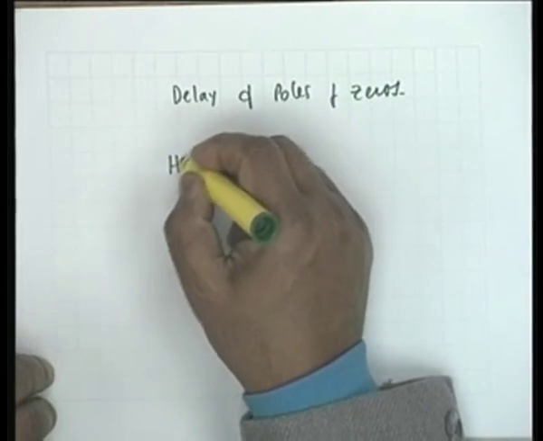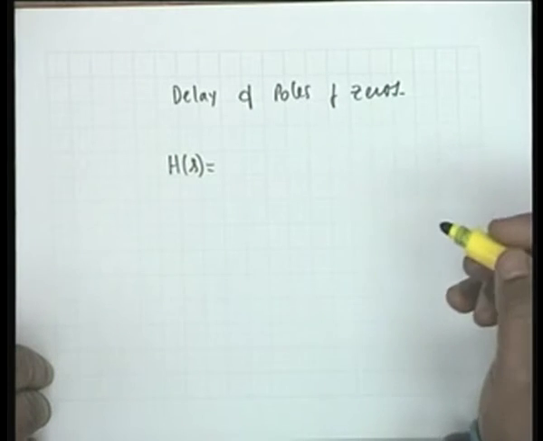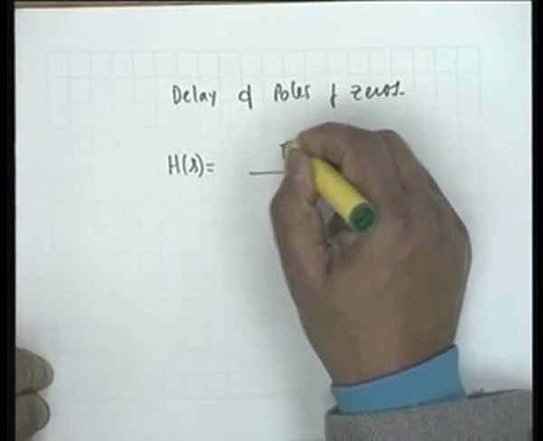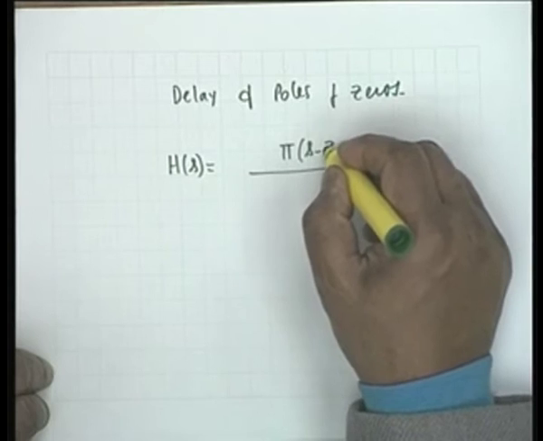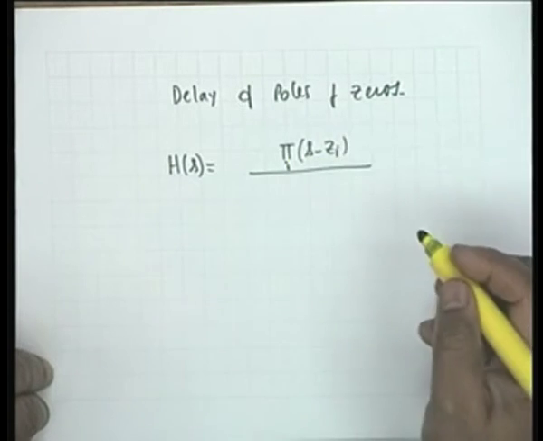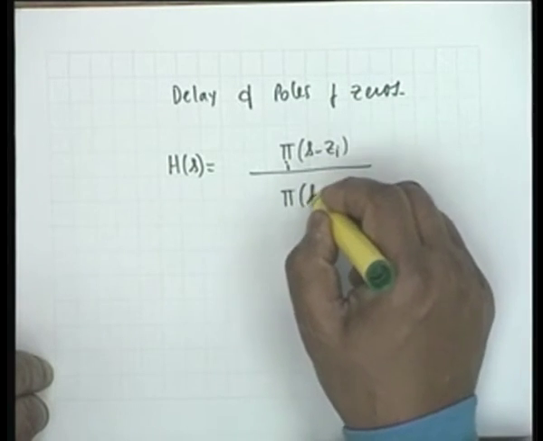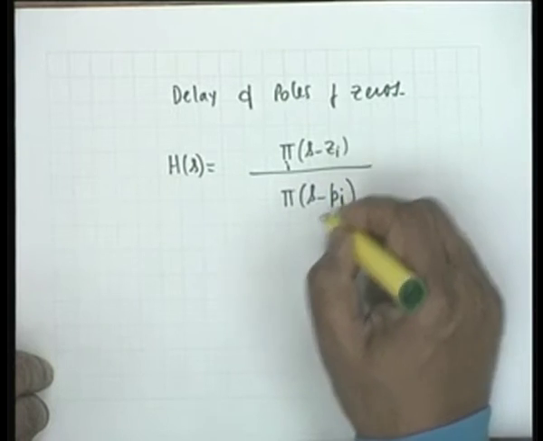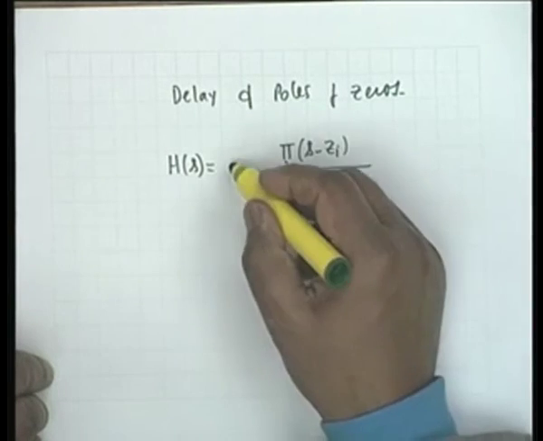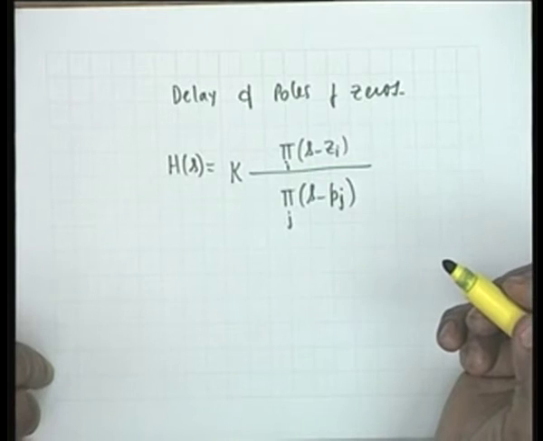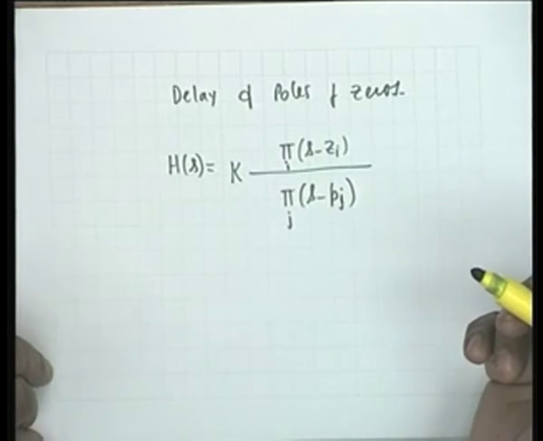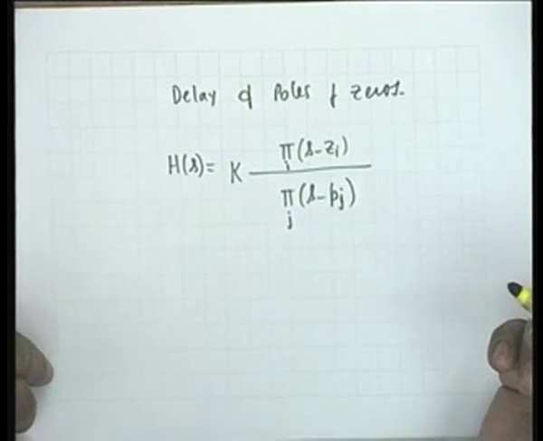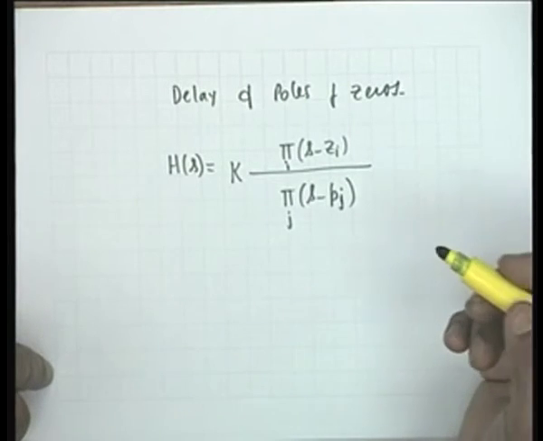In general, as you know, H(s), the transfer function, can be written as the continued product of (s minus z_i) over i, divided by the continued product of (s minus p_j) over j, and there will be some constant K. The z_i's and p_j's can be real, they can be complex.